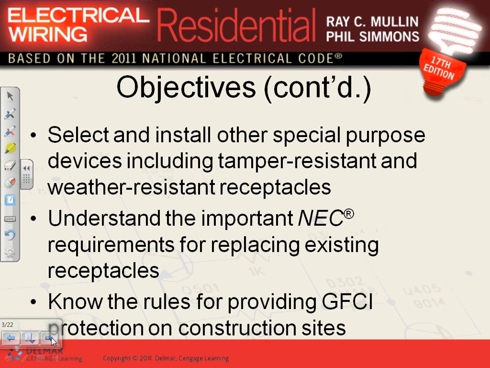Another thing, guys, I want to talk about is tamper resistant and weather resistant. In residential, in the 2011 code, there are four things for receptacles we have to be aware of. They could be either GFCI or arc fault circuit interrupter protected, these two, or all of them have to be tamper resistant and weatherproof.